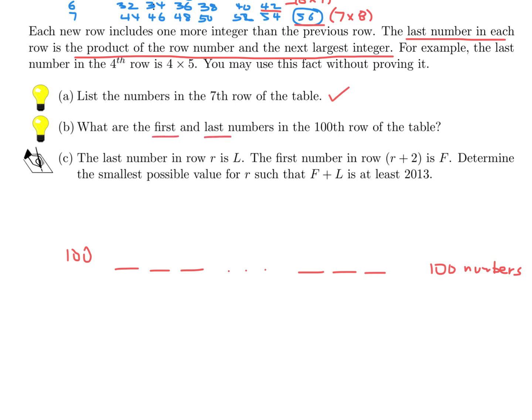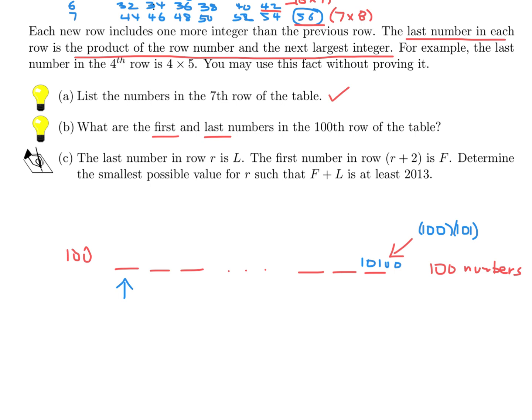They just want the first and last. Okay, no problem. So I'll concentrate on the last one. The last one is the product of the row number times the next number, which is 101. So that's a pretty straightforward way of figuring that out. And that is 10,100.